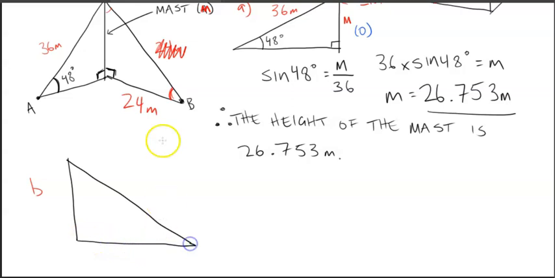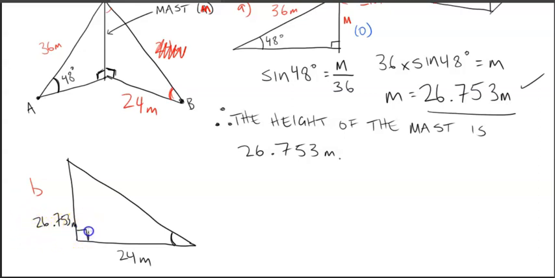Luckily, this length here didn't affect our first answer, so this is still correct. But what we're looking for is this angle here, provided that we have 24 meters at the bottom, and we also have this height, which has already been given to us, which is 26.753 meters here.